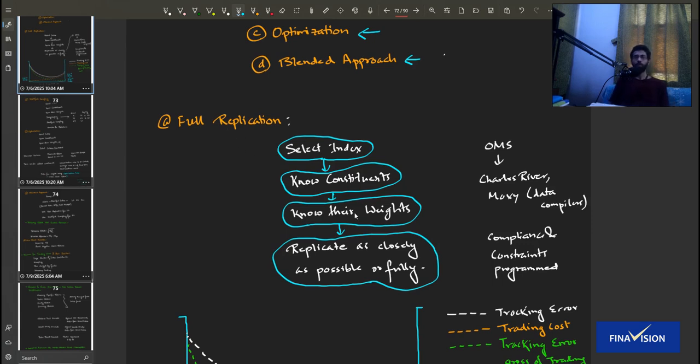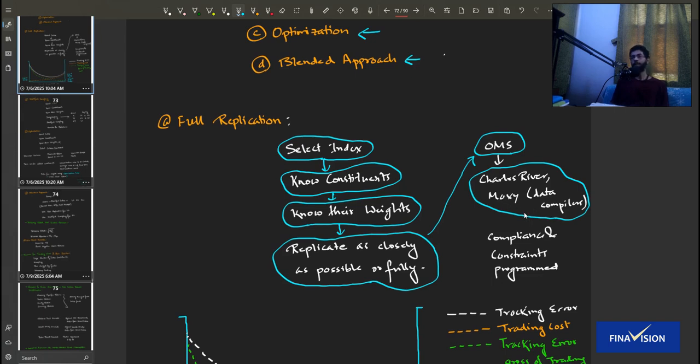Now to do this full replication, obviously the manager needs to know how much trade of what constituents, in what degrees, has to be taken to match the constituents and the respective weights of the index. That is done through an order management system, right? Now this order management system can be internally created, or the provided data can be imported into a data compiler like Charles River or Moxie.